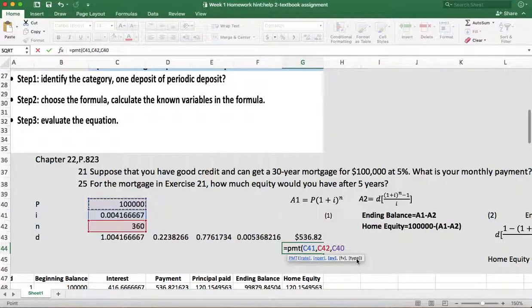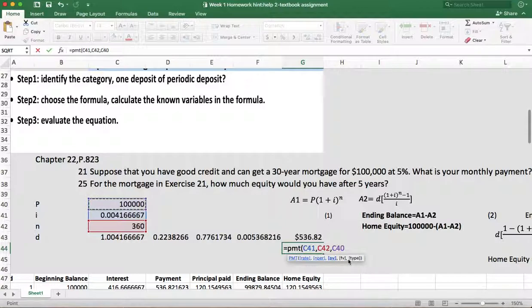And the type: if your deposit or your payment is made at the end of the period, the type is 0. If you type 1, every payment is made at the beginning of the period.